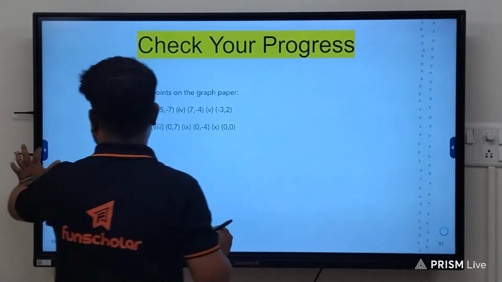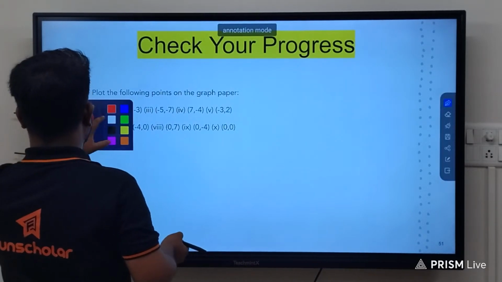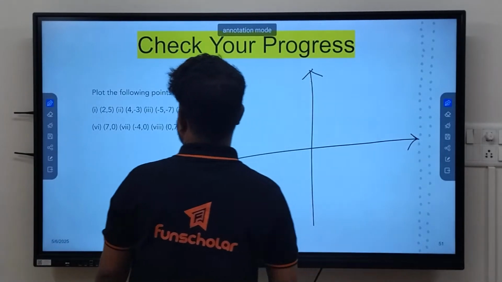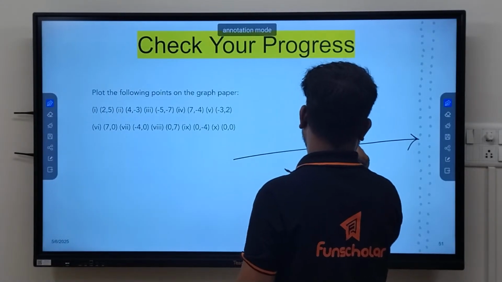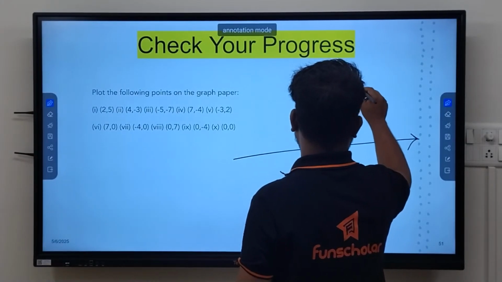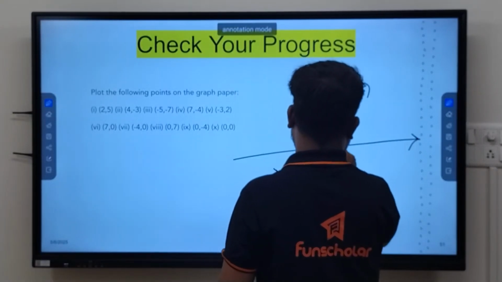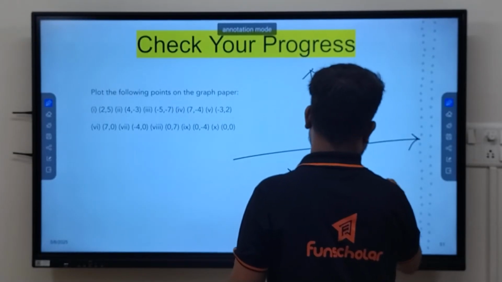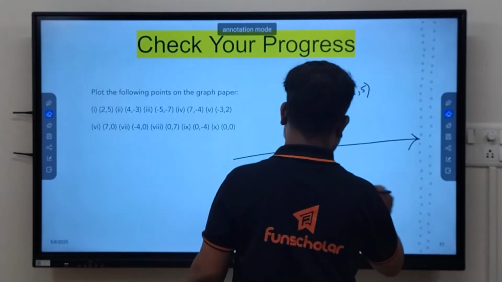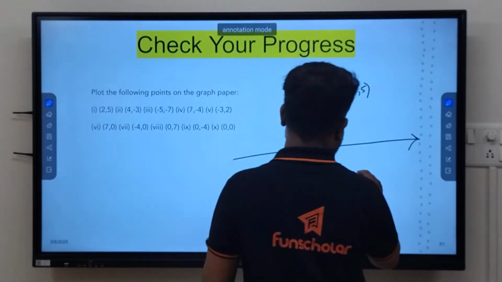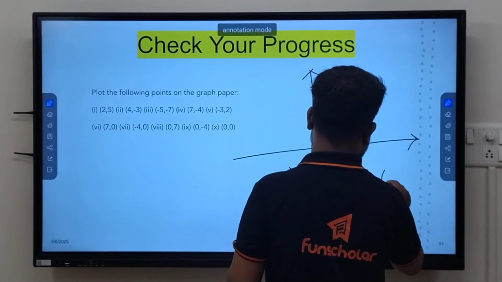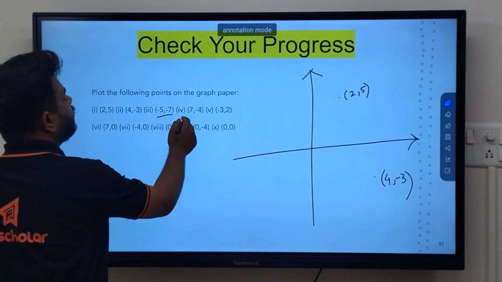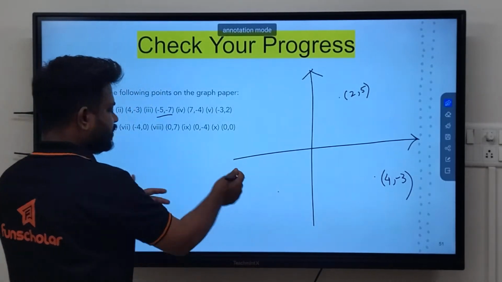If I roughly sketch the axes, if this is 2 and this is 5, then (2, 5) will lie here. (4, -3) will lie here. (-5, -7) will be in this quadrant, at any position.